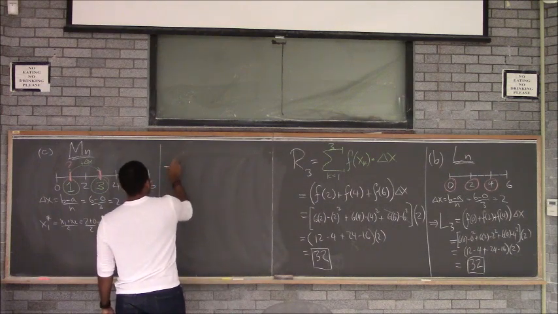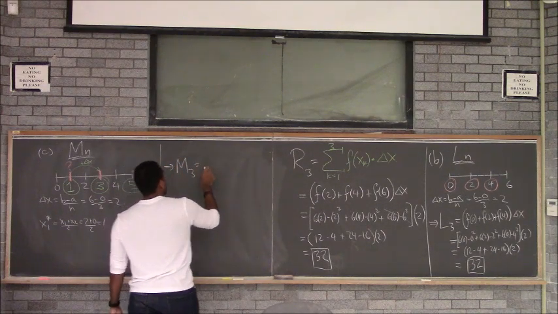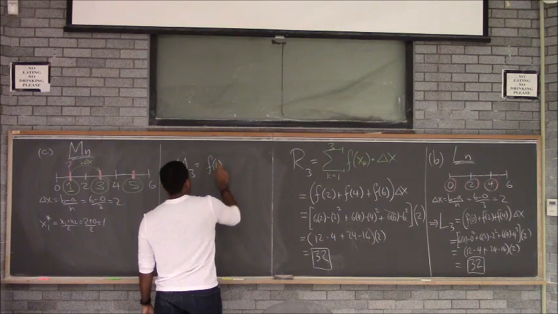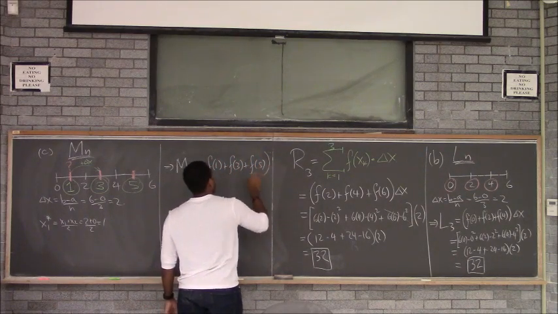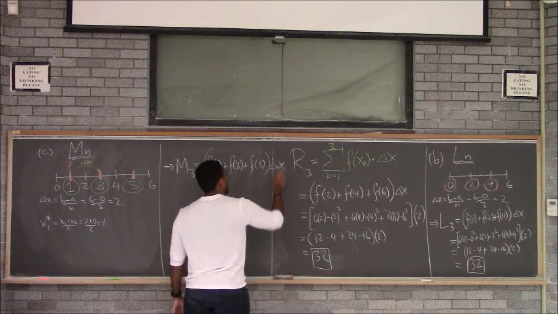So M sub 3 is going to be f of 1 plus f of 3 plus f of 5 times delta x.